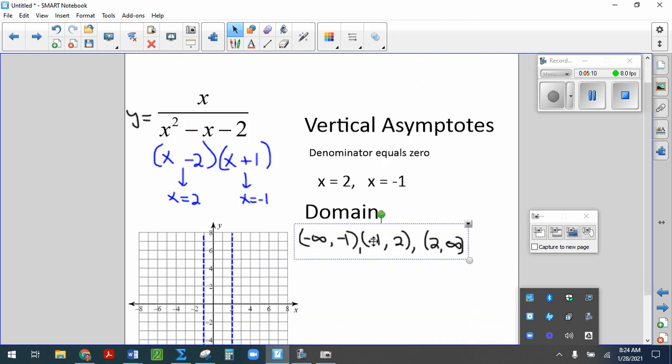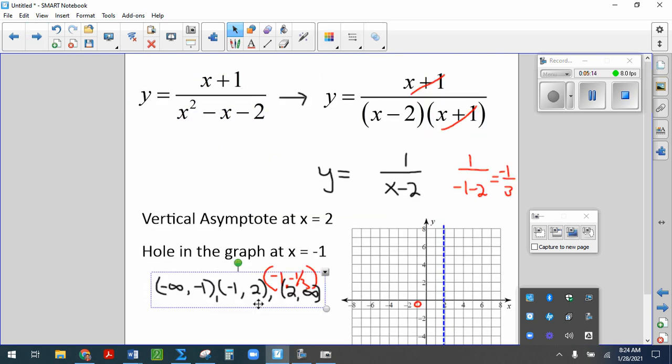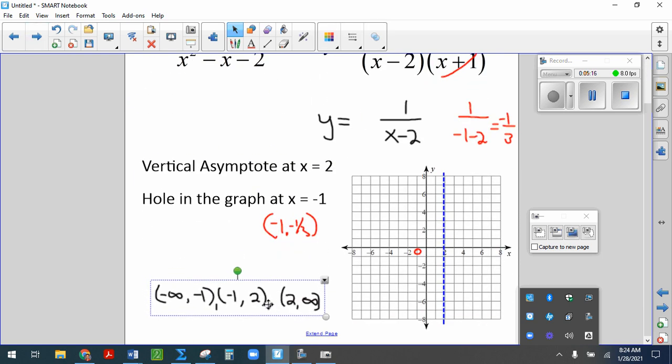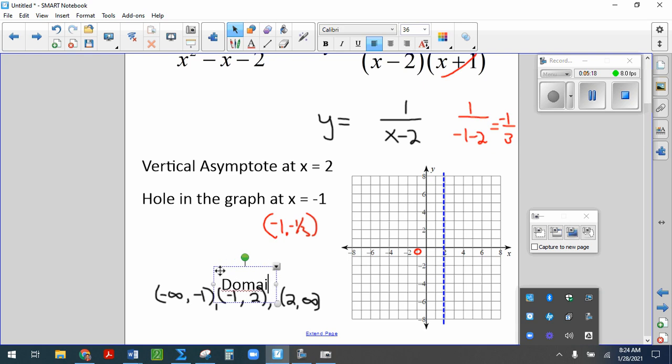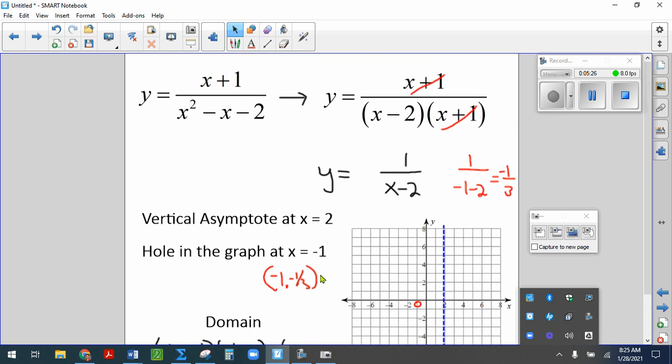So my domain is still going to be negative infinity to negative 1, negative 1 to 2, and 2 to infinity. So it still doesn't include negative 1. But the difference between a vertical asymptote and a hole is whether or not that factor cancels.